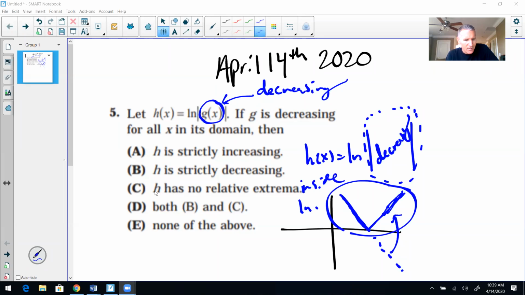So it's got to be either C or none. So C says h has no relative extrema. Okay, let's talk about this right here.